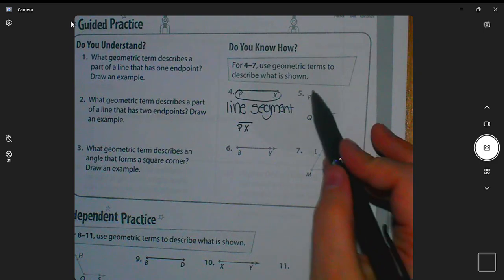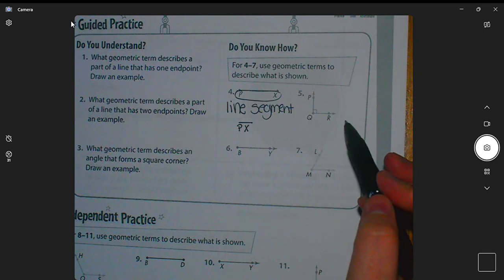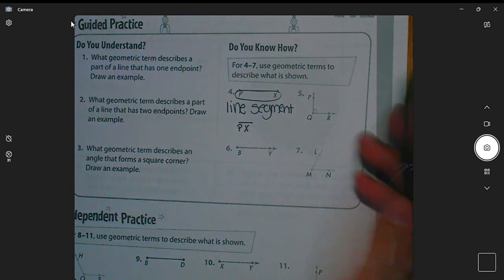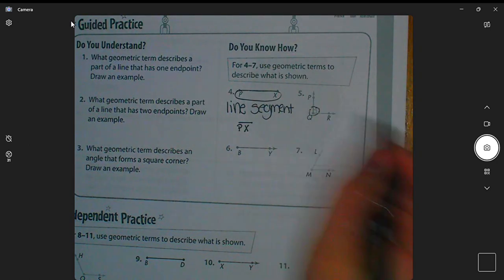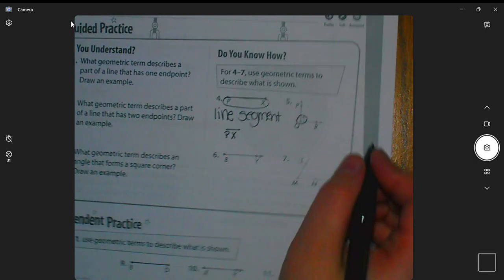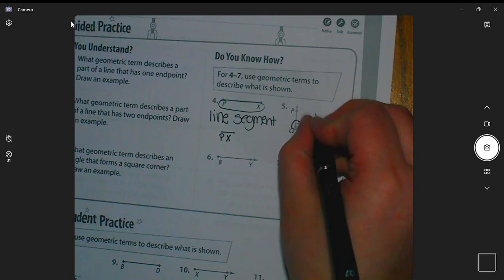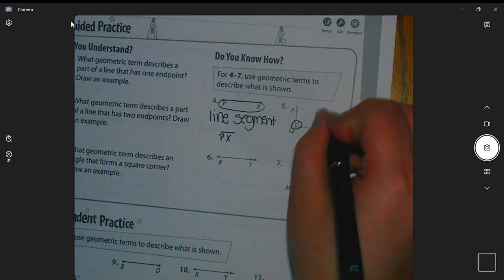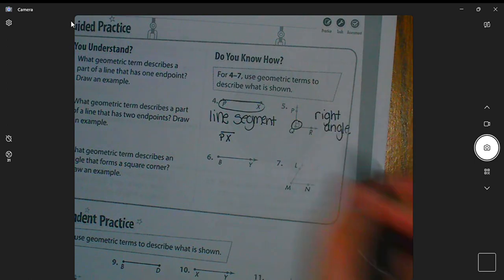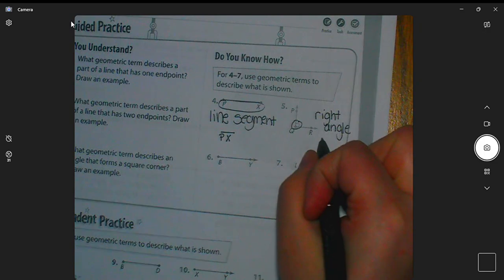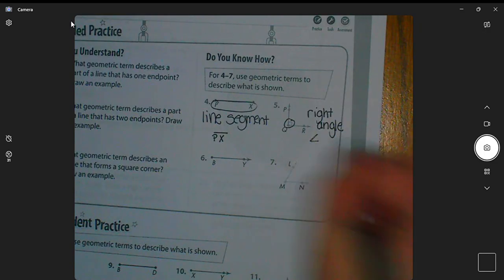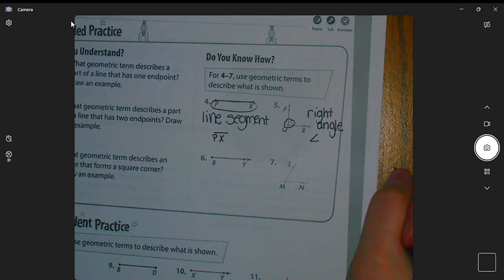Look at this angle. Do you notice anything special about it? Yes, it has a tattletale. So it must be, exactly, it's a right angle. And when I notate an angle, I just make a little baby sign, a little baby angle.